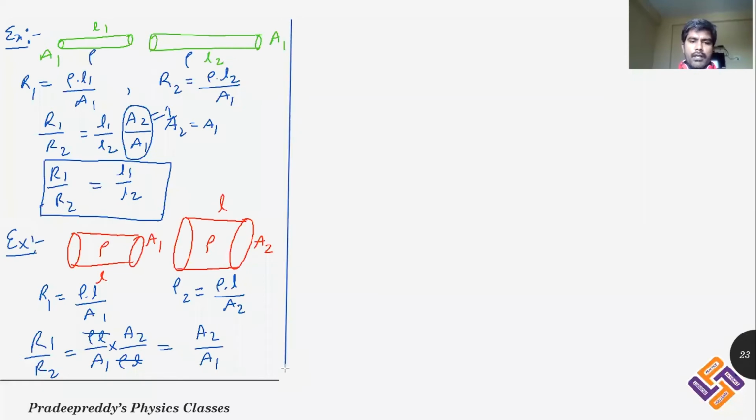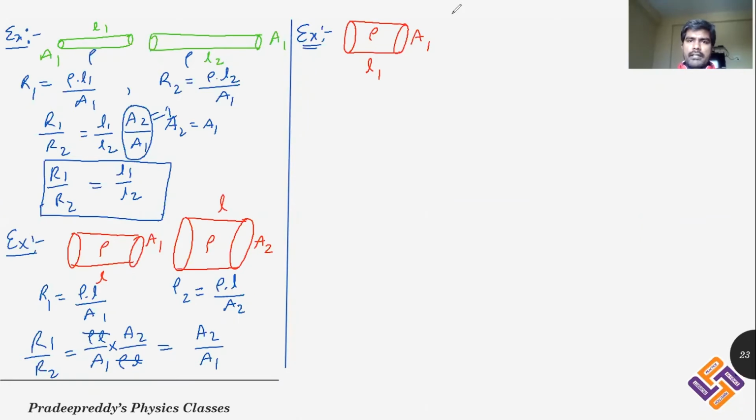Next, you may take conductors of different lengths. You have a conductor of length L1, area of cross section A1, its resistivity is rho.